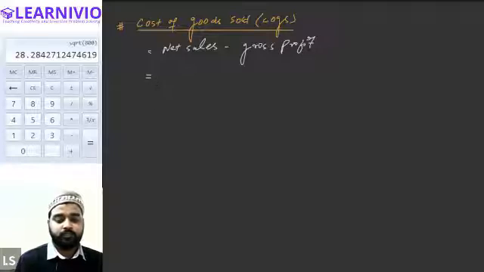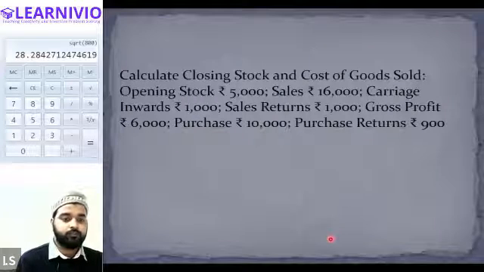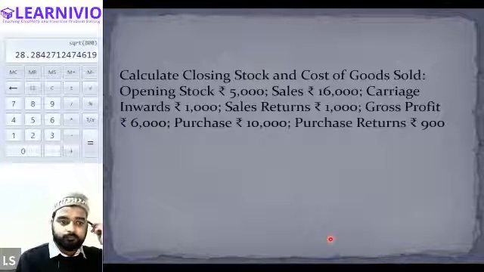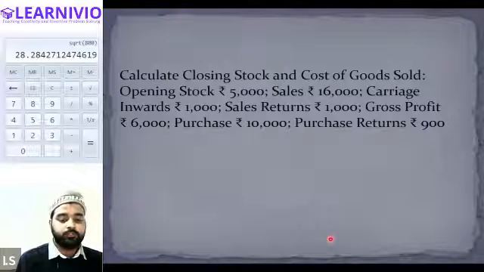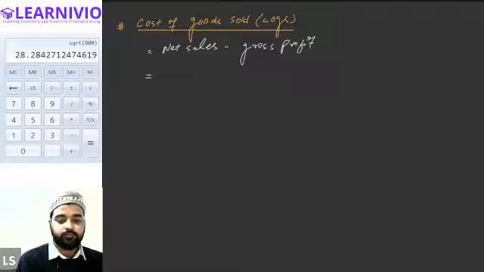Net sales is already given in the question. Value of sales is 16,000, right? And the sales return is 1,000. That means the value of the net sales is 15,000.